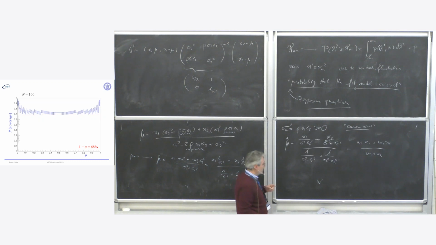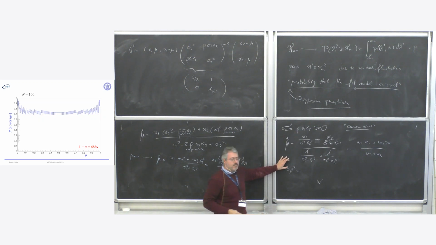And the uncertainty of mu hat squared is similar to what we considered before. You remember the inverse of sigma mu squared is the sum of the inverses of the individual uncertainties.